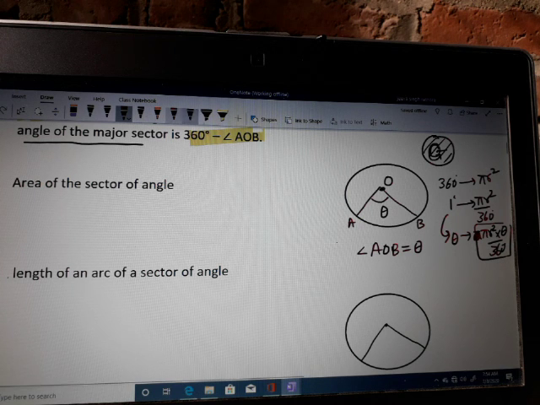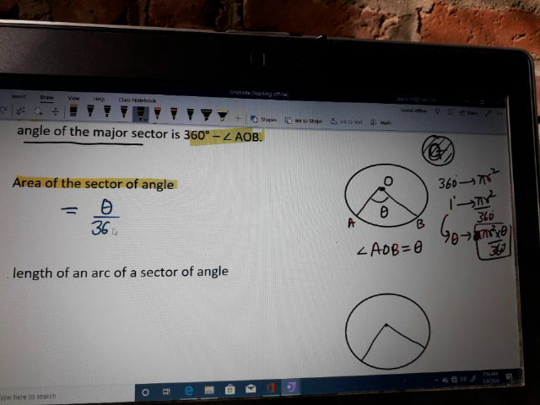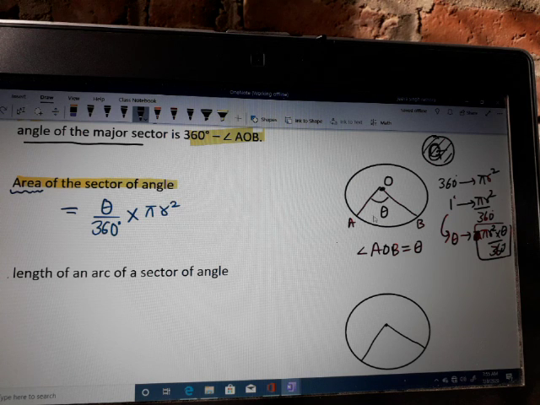This is the formula of the area of the sector, that is equal to, I am writing here, please note down, theta upon the complete angle, that is 360 degrees, into pi r square. Whenever you talk about area, you write theta upon 360 degrees and you have to multiply this by the area of the circle, pi r square. This is the complete circle, this angle theta, so you will get this region. The area of this region is theta by 360 degrees into pi r square. Please remember this factor, theta by 360 degrees, this factor is very important.